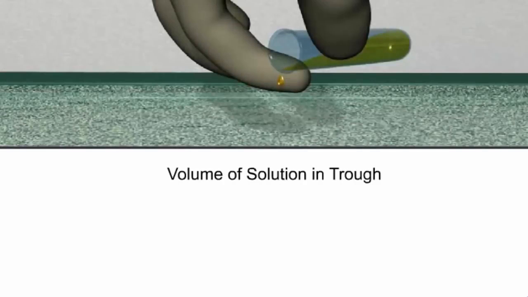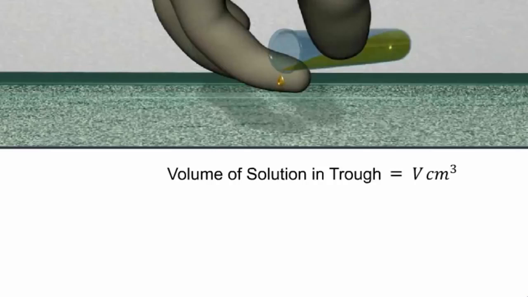Quickly, we measure the diameter of this circular film to determine its area, A. Let the approximate volume of a drop of solution dropped on the surface of water in the trough be V cm³.